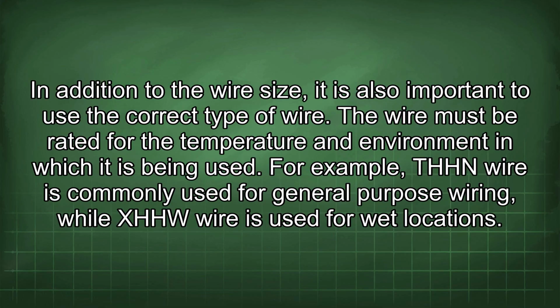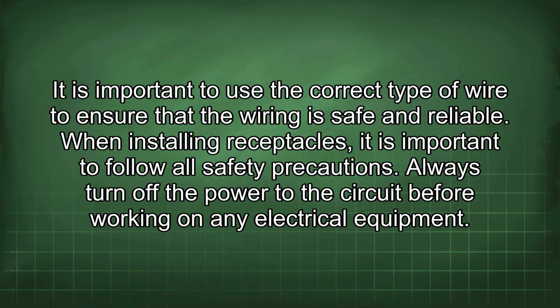In addition to the wire size, it is also important to use the correct type of wire. The wire must be rated for the temperature and environment in which it is being used. For example, THHN wire is commonly used for general-purpose wiring, while XHHW wire is used for wet locations. It is important to use the correct type of wire to ensure that the wiring is safe and reliable.